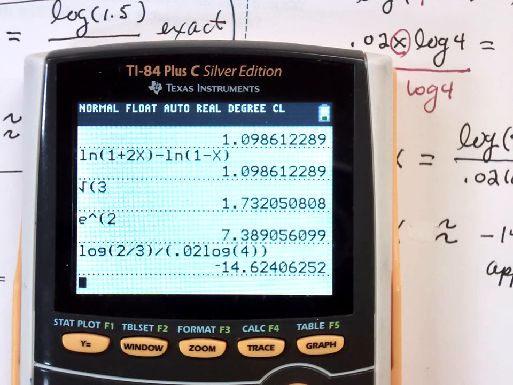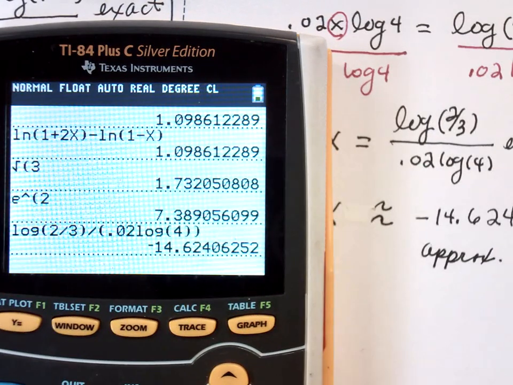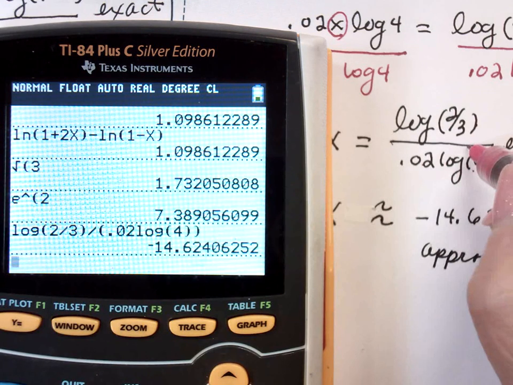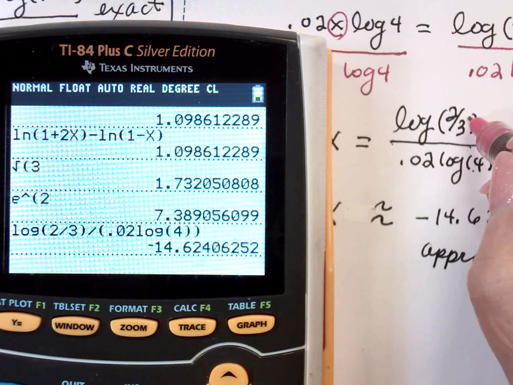You could do it in pieces. That would be fine too. But if you do the whole thing, right, because the 0.02 is going to become an exponent in the log, what will happen is, without this parenthesis, this whole thing becomes divide, and that moves into the exponent.